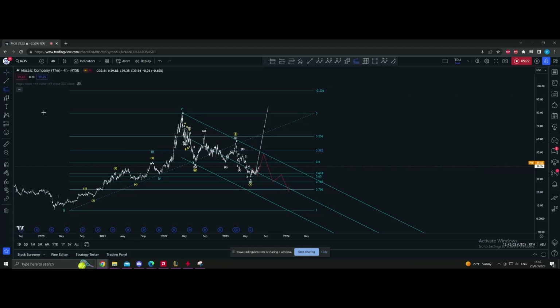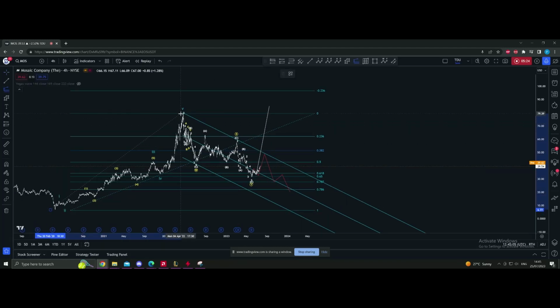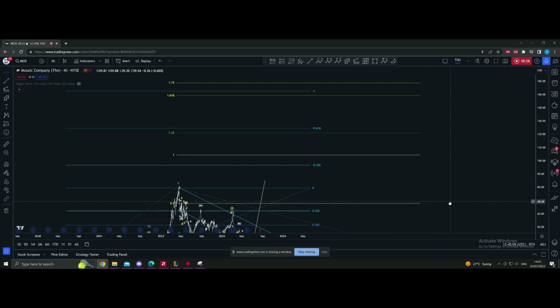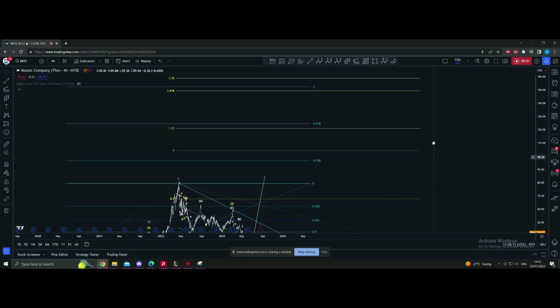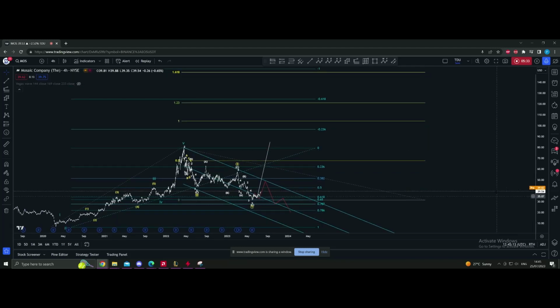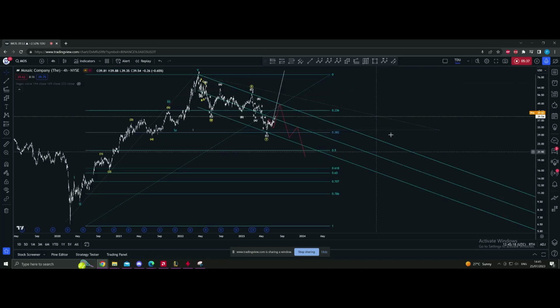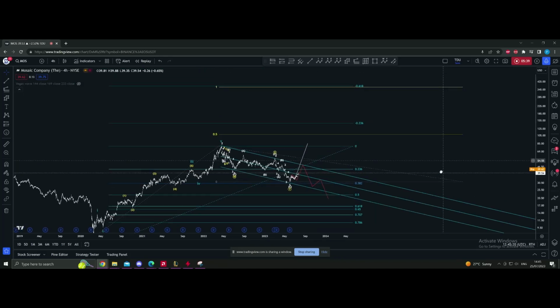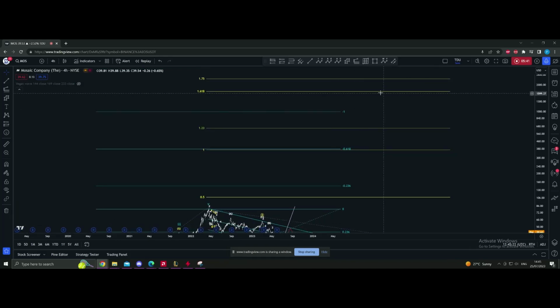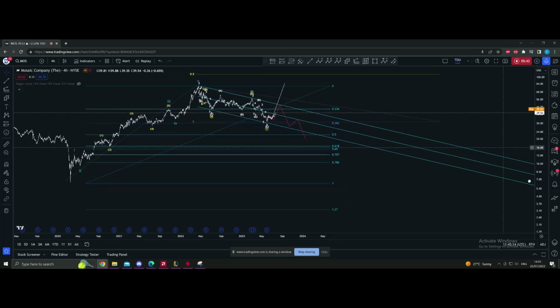The target for the wave 3 of this stock would be 150 in linear scale. And considering the fact that I don't know anything about this, I wouldn't want to go into log right now.